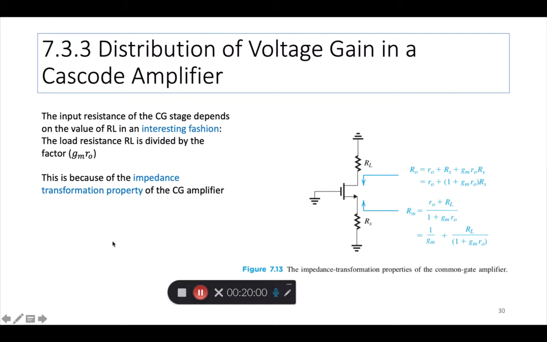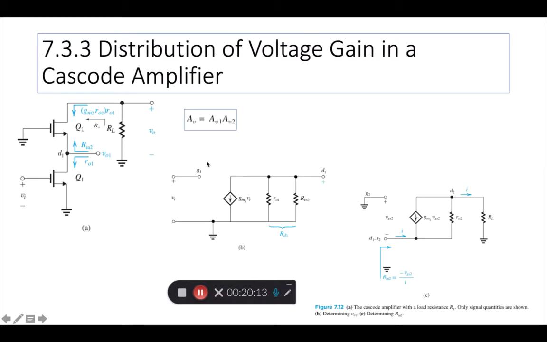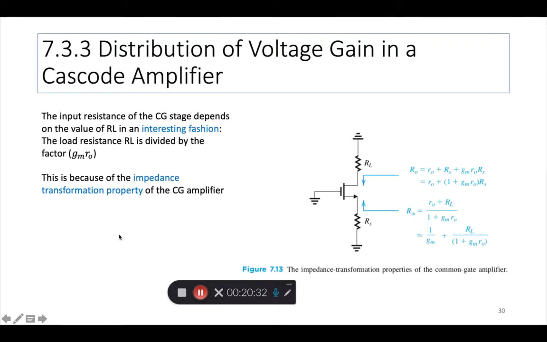The textbook makes some interesting points here. What is that interesting point? The input resistance of the CG stage. Going back one more slide, the input resistance seen here of this CG stage, the common gate stage, which is the cascoding transistor Q2, its input resistance Rn2: there's some interesting stuff about it that the writer wants to tell us.